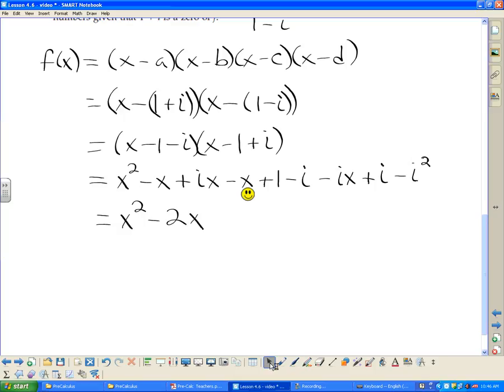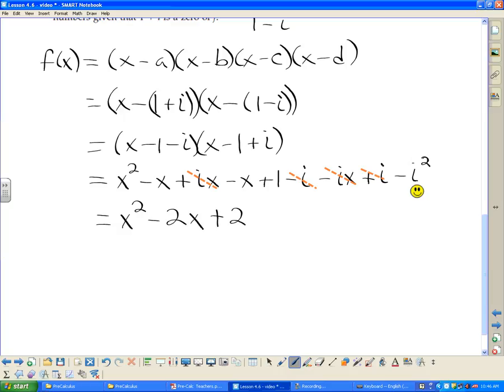And we have a positive ix here and a negative ix here; those 2 are going to equal 0, so we'll cross those out. And then we have a negative i and a positive i, which we'll cross out. Then we have left over a 1 and negative i squared. Remember that negative i squared is 1, so we have plus 2. So we've got x squared minus 2x plus 2 as one of our factors, a quadratic factor with real coefficients.